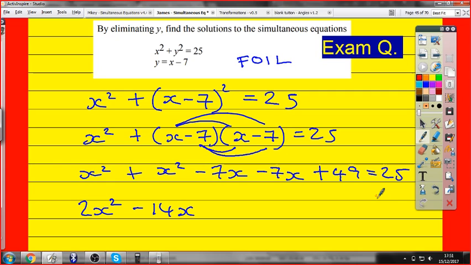So 2x squared minus 14x add 49 equals 0. Well, you have to get rid of the 25. Oh, so you just minus 25 from the whole equation. Yeah. So just add 26 equals 0. That's it. Any idea how you solve this equation, this quadratic?